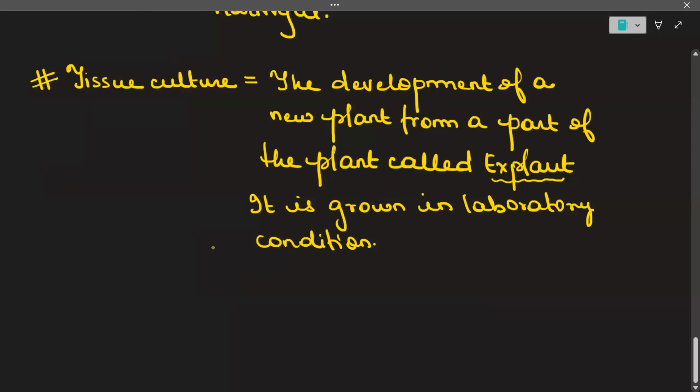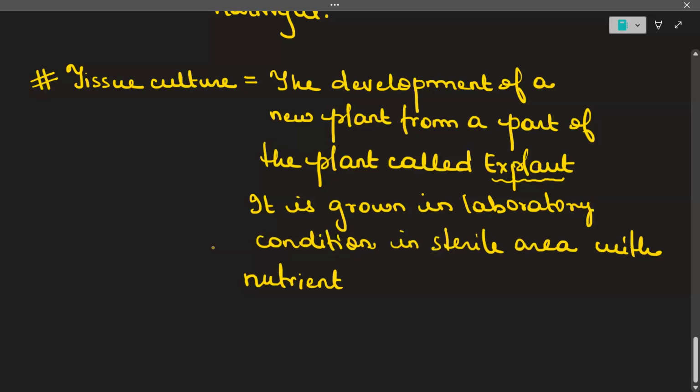And this tissue culture, meaning the growth of the plant, is done in laboratory conditions under sterile area and nutrient media. Nutrient medium is that you take the part of the plant and you put it in the test tube, and then you provide all of the things that it requires for its growth.